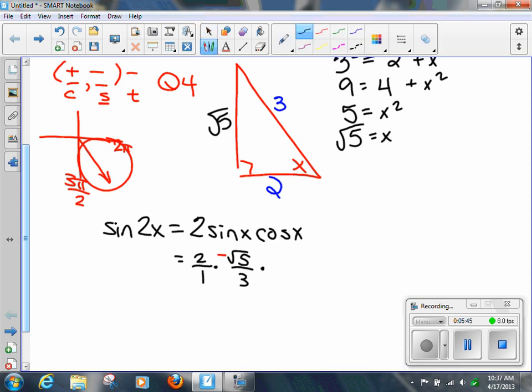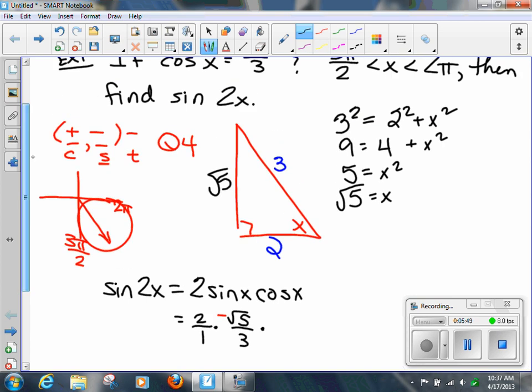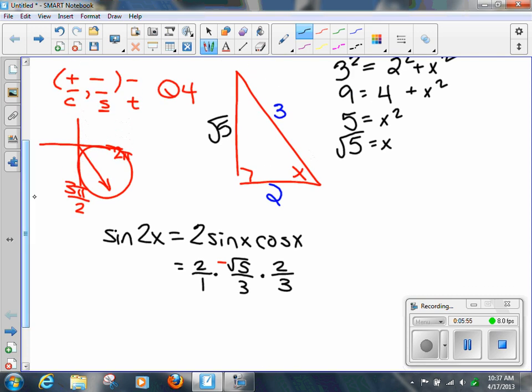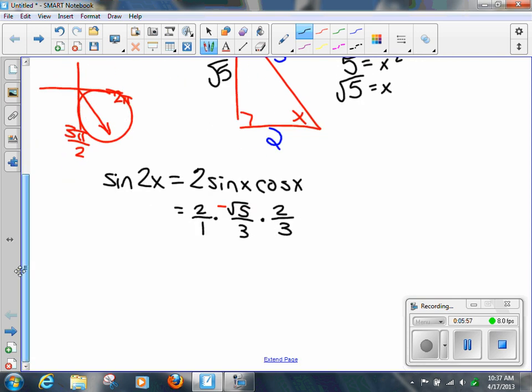What's your cosine value? It was given to you. Boom. Right there it is. 2 over 3. And if you just wanted to double check, cosine is positive. So, folks, multiply straight across. Cross cancel if you can. You have to put the negative in first. Yes, ma'am.